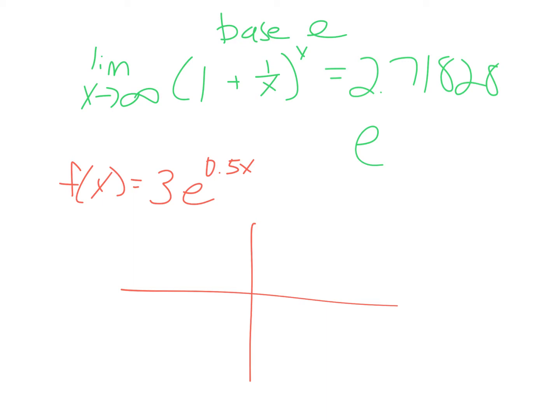We won't have an x-intercept unless we have a shift up or down on the outside, but we don't in this case. So we have no x-intercept, just a y-intercept. How do we know we have a y-intercept? Because we can put 0 in for x, and an output will come as a result. So we put 0 in for x, e to the 0 power is 1, 1 times 3 is 3. So we have (0, 3) as our y-intercept.